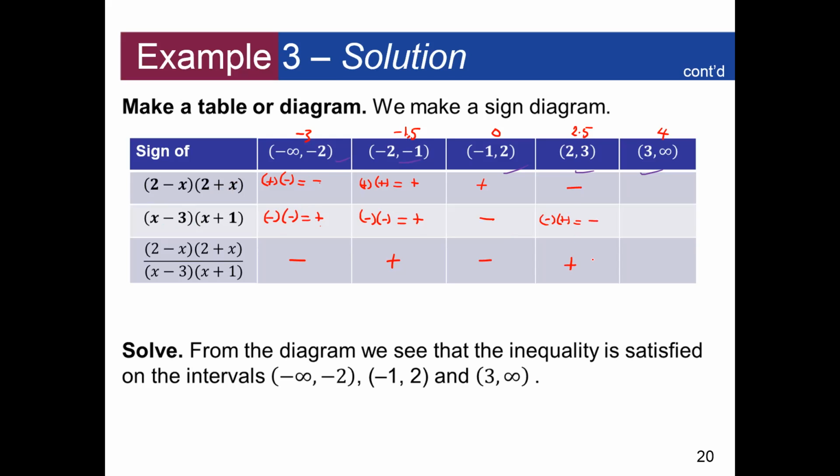And then finally, if x is 4, 2 minus 4 is negative, and then 2 plus 4 is positive, so the numerator is negative. Then you have 4 minus 3 is positive, and 4 plus 1 is positive. So the denominator is positive, and negative divided by positive is negative.